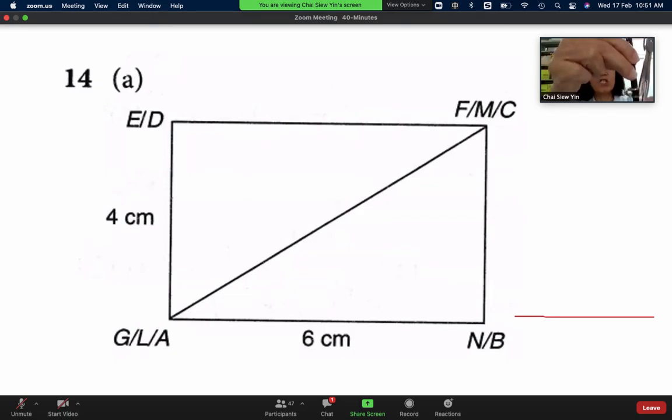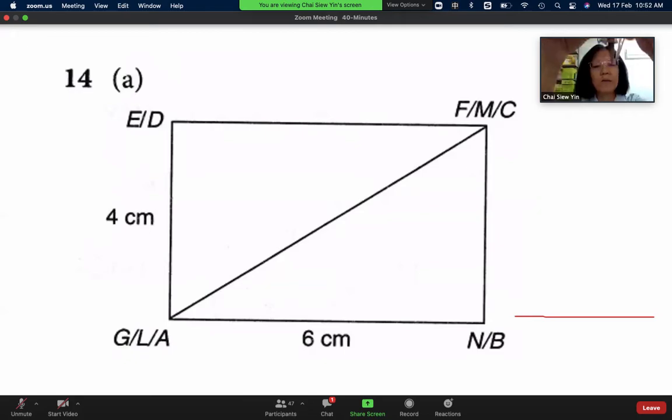Sharpen it and make sure your pencil and the compass must be at par. That means same level. Cannot be the pencil longer than your compass. You press it down onto the table. Make sure the pencil and the compass will meet at one point.